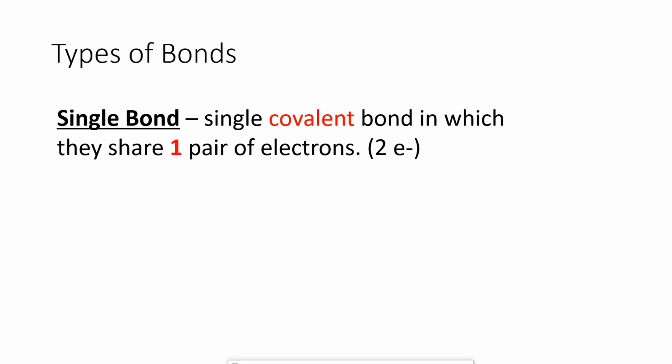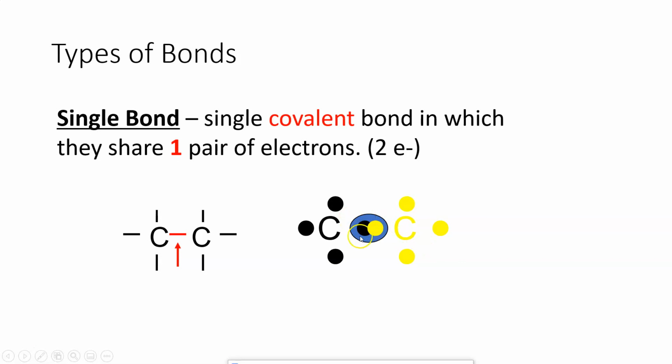So a single bond is a covalent bond in which the bond is formed by 2 electrons, and these 2 are shared, right? So for example, that one there is a single bond, and we already know that there are 2 electrons forming that bond in there, right?